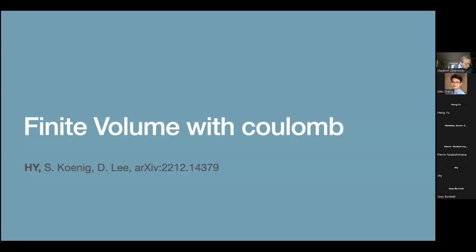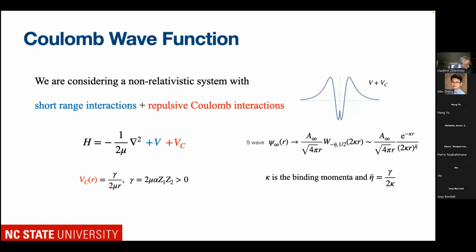Let's now take a step forward and take a look at how to do things with a long-range force. In this case, the long-range force we include is a repulsive Coulomb interaction, which is very common in nuclear systems.